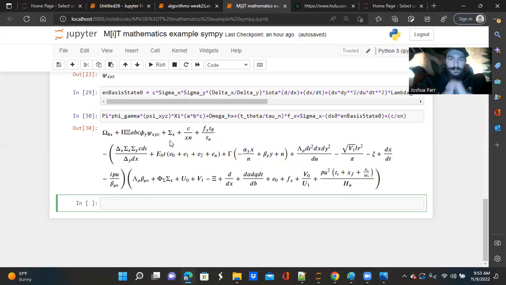So E naught times the time variant and our energy collection, like I said before. And so this all looks pretty familiar. This was just the function that we just had in the energy basis state 0.